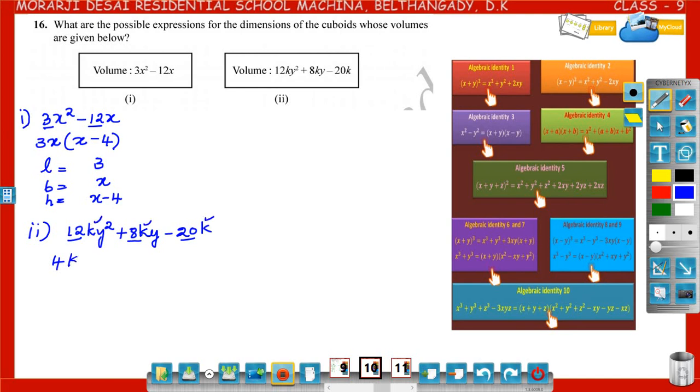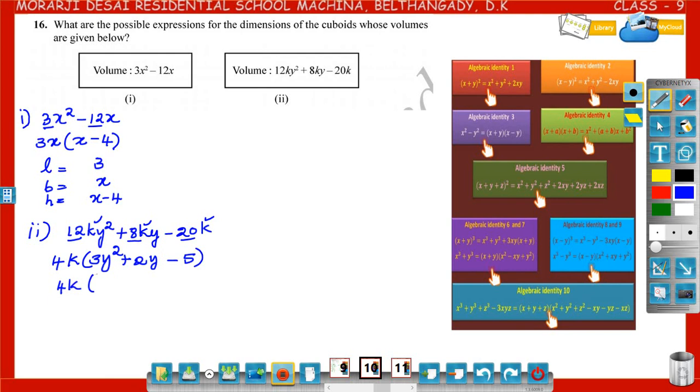So write k outside. Remaining: 4 3s are 12, so 3, then y square; 4 2s are 8, so 2, then y; minus 4 5s are 20, so 5. 4k is outside the bracket.